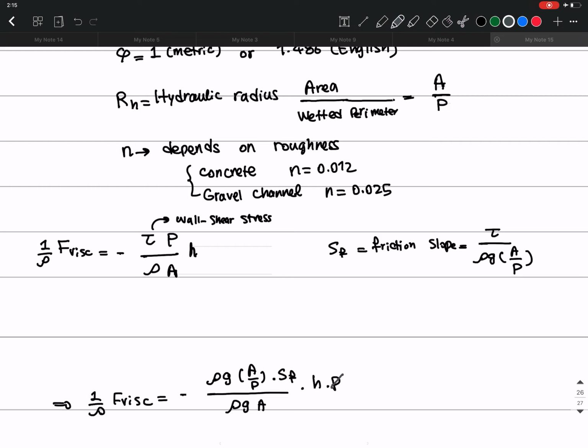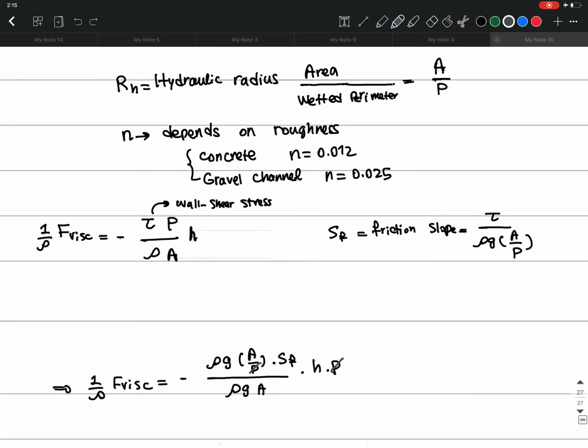So this P is going to cancel out, and sorry, we don't have g in the denominator, so we only have rho. I just write it from here, right? So this rho is going to cancel out, and this A is also going to cancel out. So what I'm left with is minus g H SF.